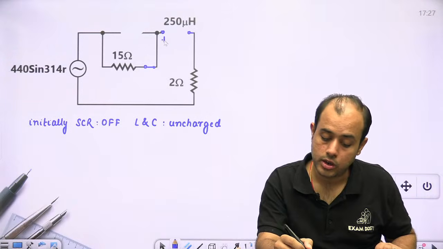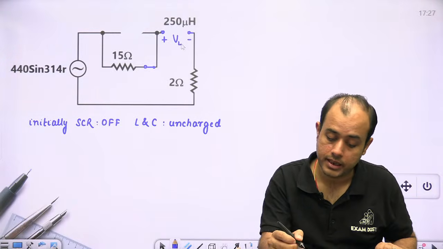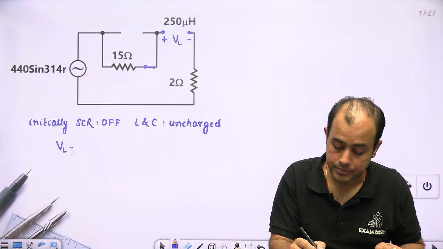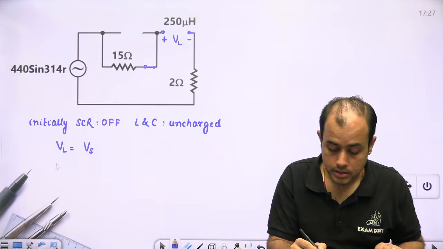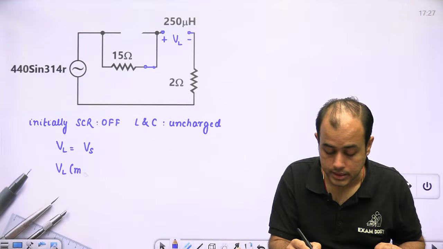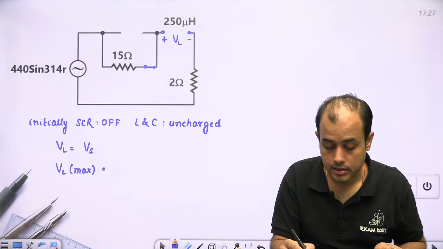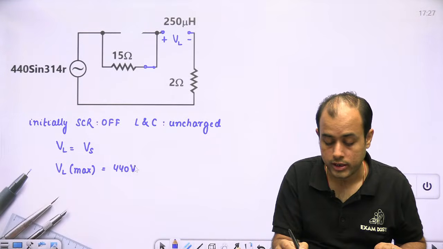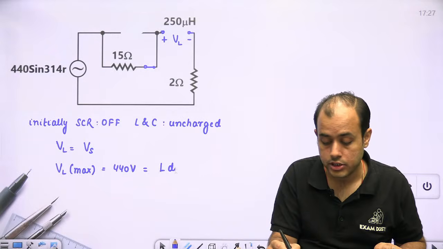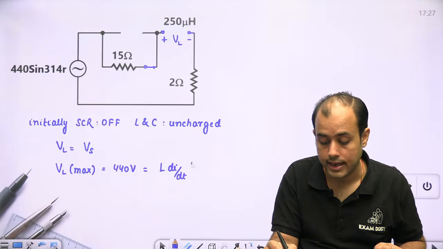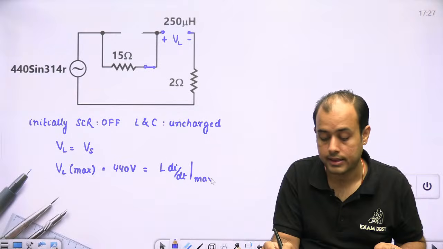Now, beta, the voltage across the inductor will become equal to supply. So, what is the maximum inductor voltage? It is 440, which you can write as L di by dt maximum.